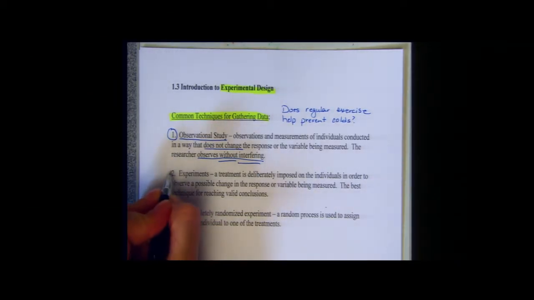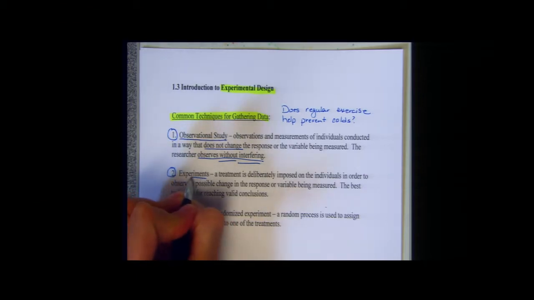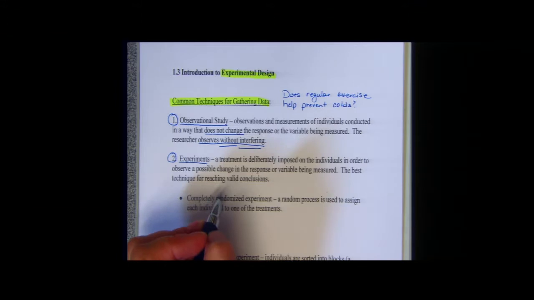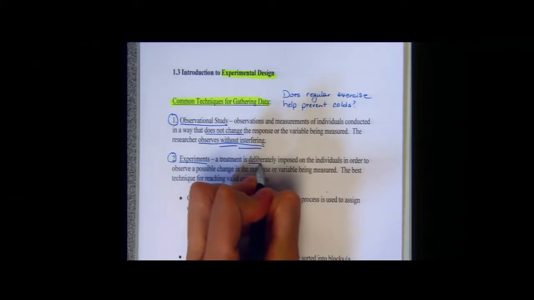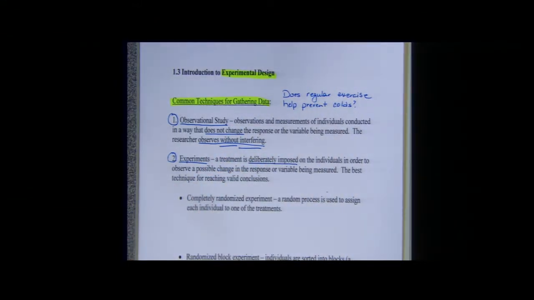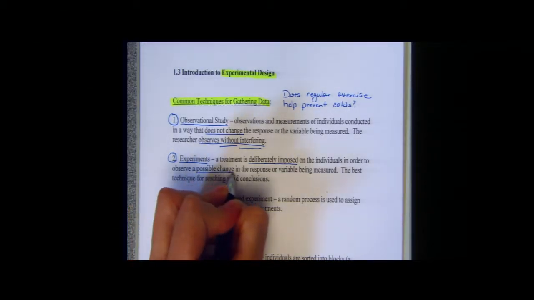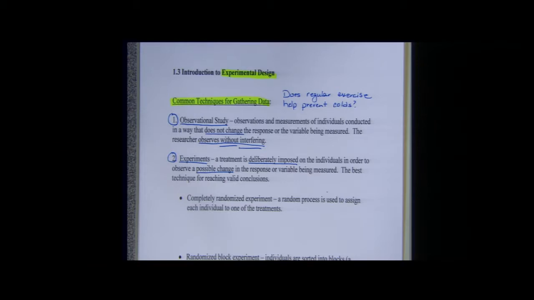The second type is when you actually conduct experiments. This is when a treatment is deliberately imposed on the individuals in order to observe a possible change in the response or variable being measured. The best technique for reaching valid conclusions.